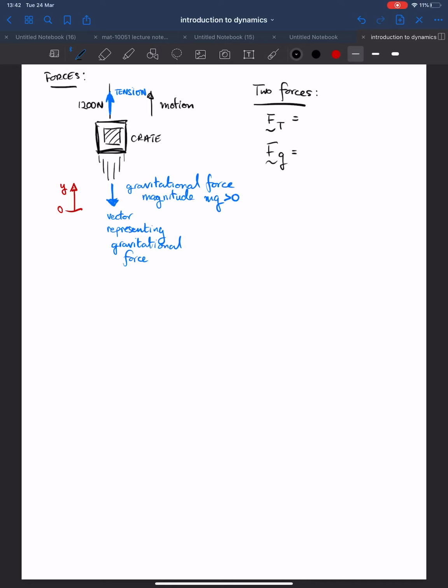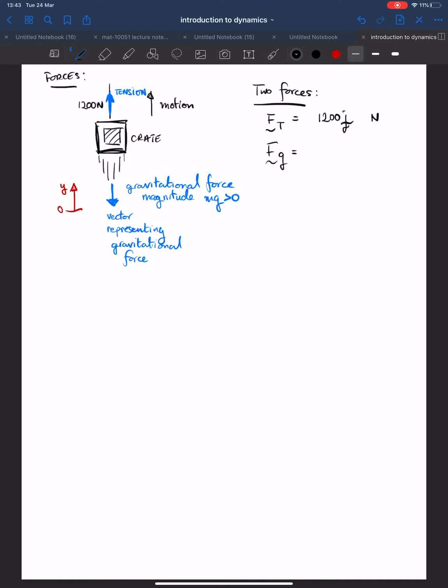So we're going to use the basis vector, or unit vector, j to write down these forces because they're aligned with the y direction. The only difference is they have different directions themselves. The tension due to the cable has magnitude 1,200 newtons. However, we need to consider the sign relative to our coordinate system.